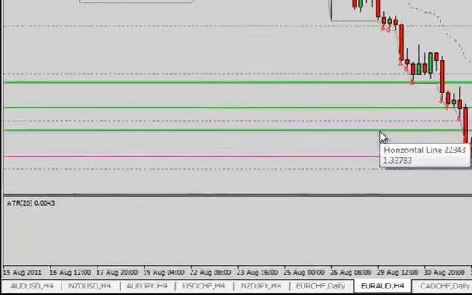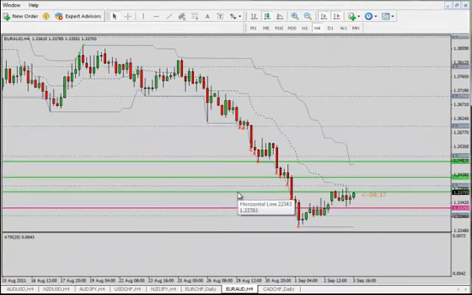So what I typically do is scale into the trade. A lot of traders will take partial profits. I don't believe in doing this. I think you're really shooting yourself in the foot when you take partial profits, because if you place a stop and you put your lots on and you get stopped out, you will always get stopped out of all of your lots at the same time.